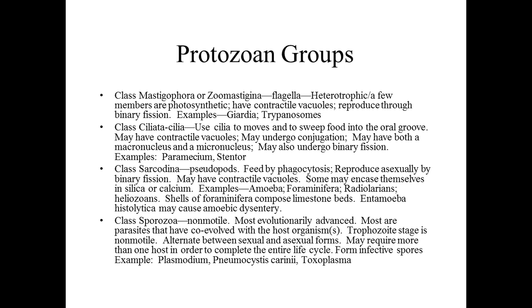And they can undergo conjugation, sort of like bacteria. What did bacteria do when they conjugated? What did they swap? What are the little things called? Plasmids. Plasmids, not plastids.